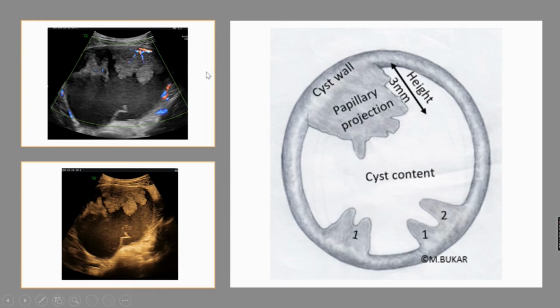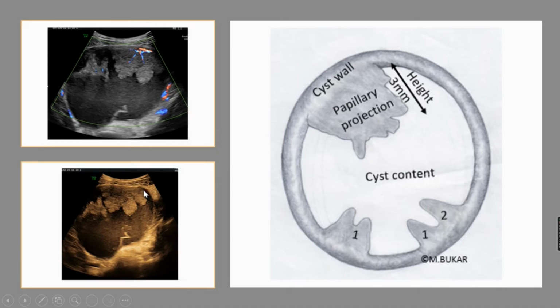Now let's look at these papillary projections and use the line diagram to demonstrate the number of papillary projections seen in this image. When the difference is less than 50% as seen here, it is considered as a single papilla. When it's more than 50%, it is considered as two papillary projections.